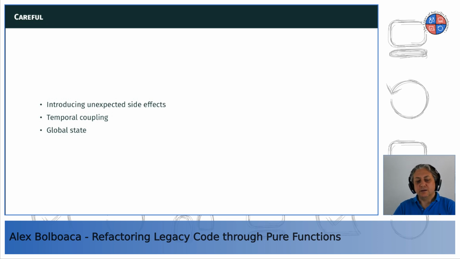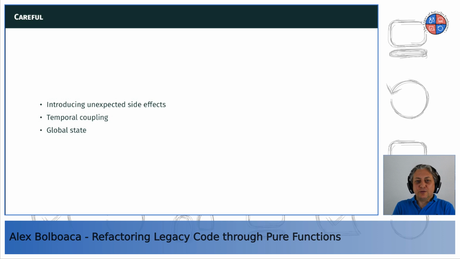Now, I've seen a few problems with this. One is that you have to be very careful not to introduce unexpected side effects. Temporal coupling can be a problem if you have a function that needs to be called after another function or before, and you extract one of them.